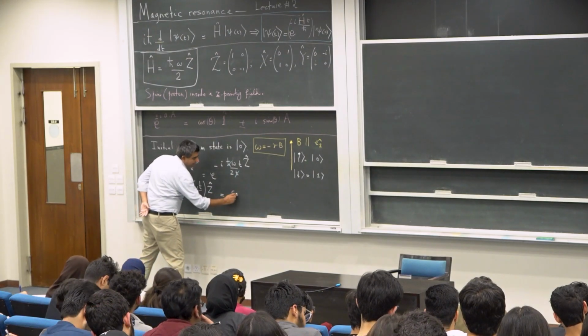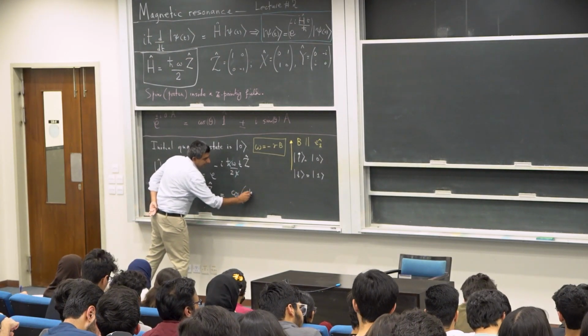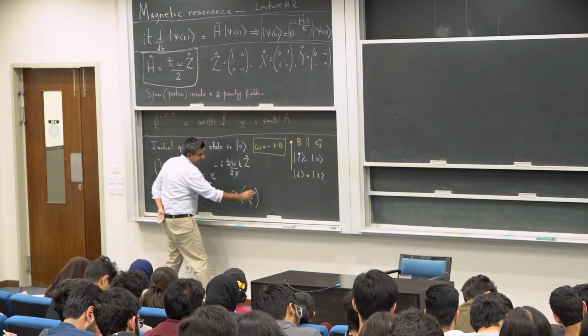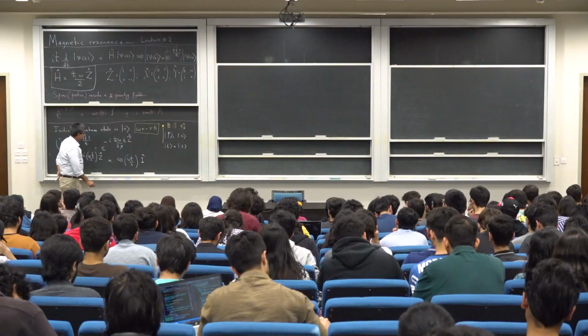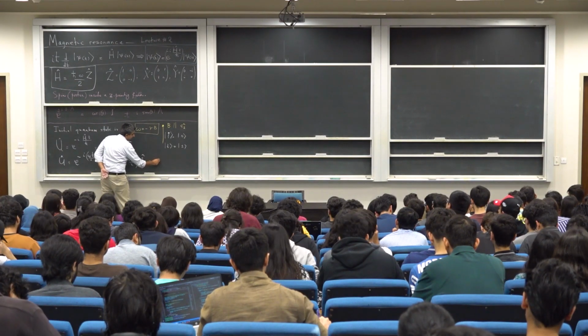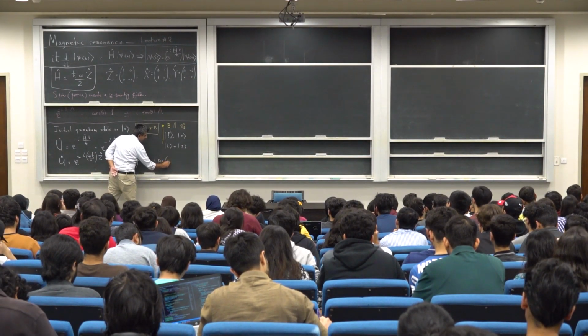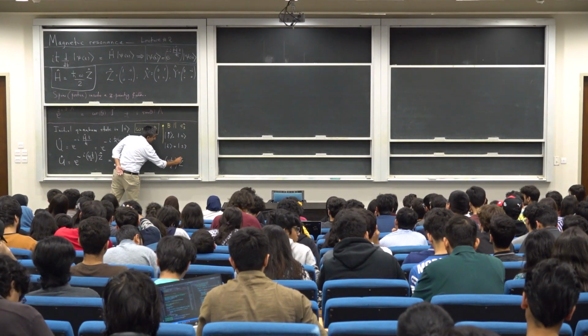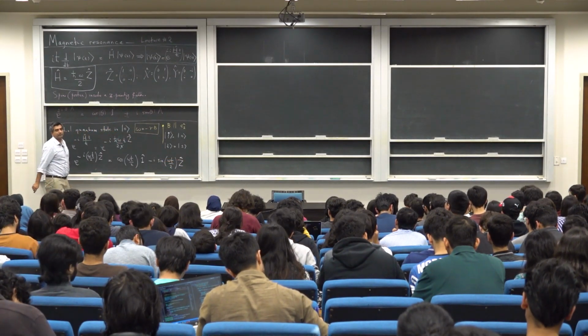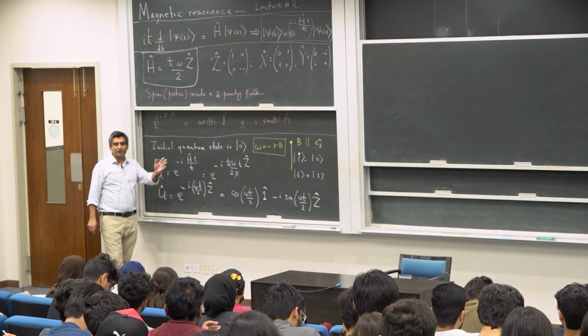Cosine of omega t by 2 times identity, don't forget the identity, it's an operator, minus i sine omega t by 2 times the Z operator. So this is my unitary operator.